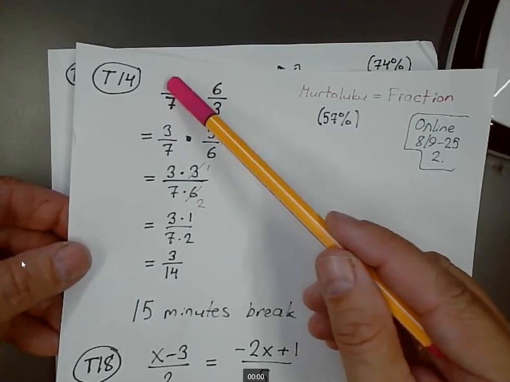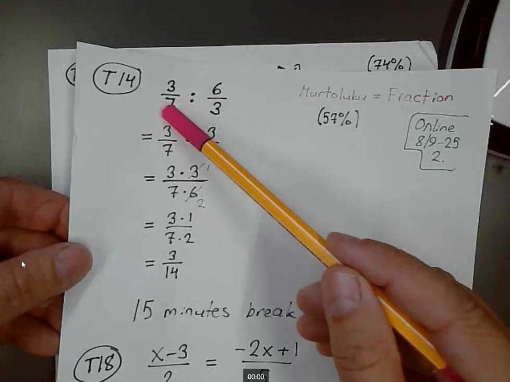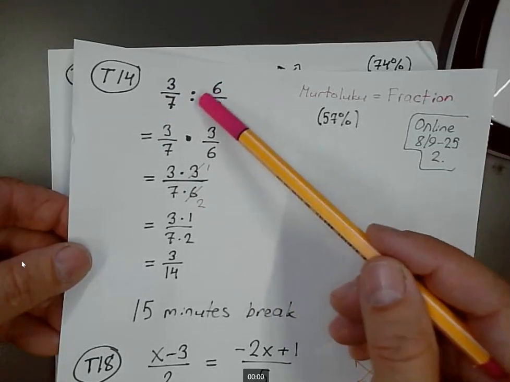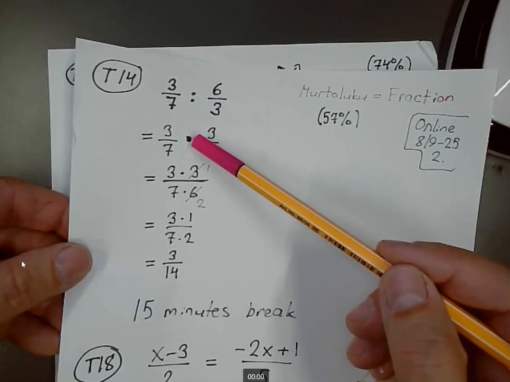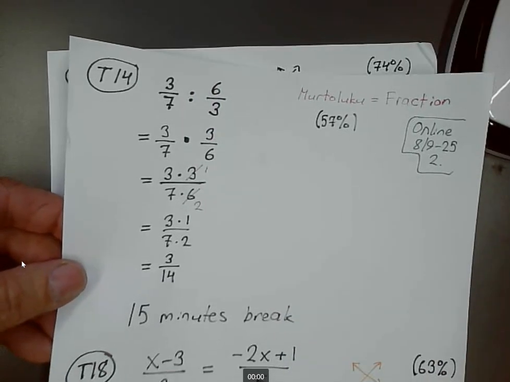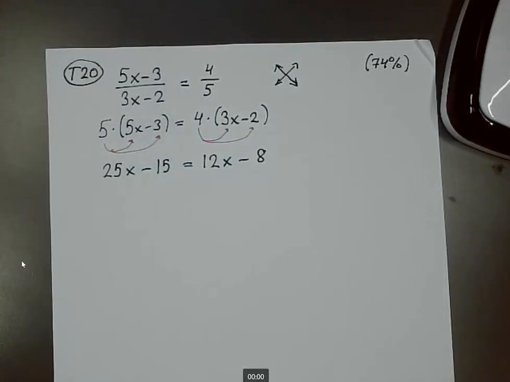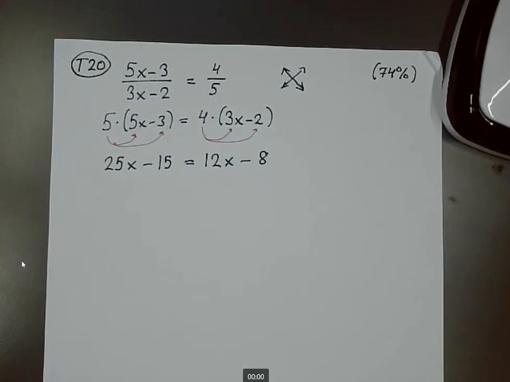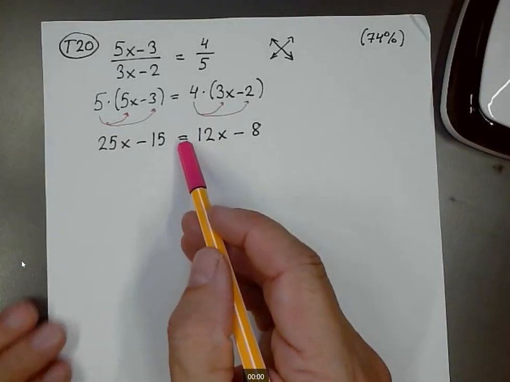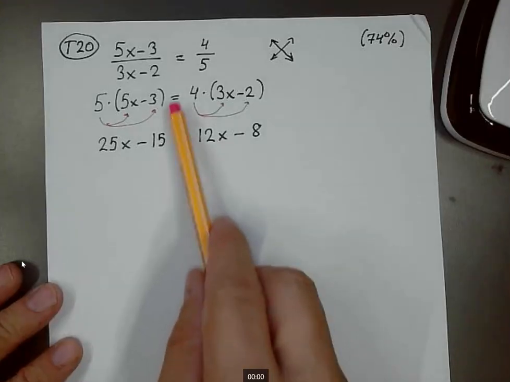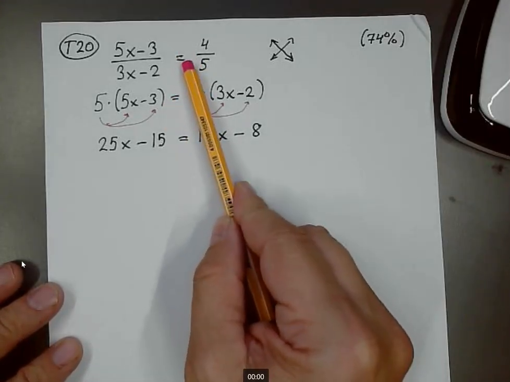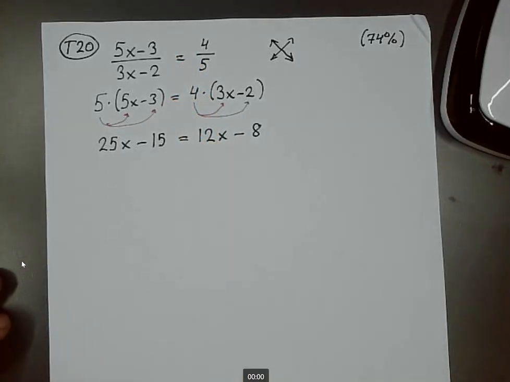So these will be multiplied and these will be multiplied, and then the division mark changes to a multiplication mark. But in this equation situation, the equal sign stays there. It doesn't go anywhere because we still have an equation to solve, so it can't be cancelled.